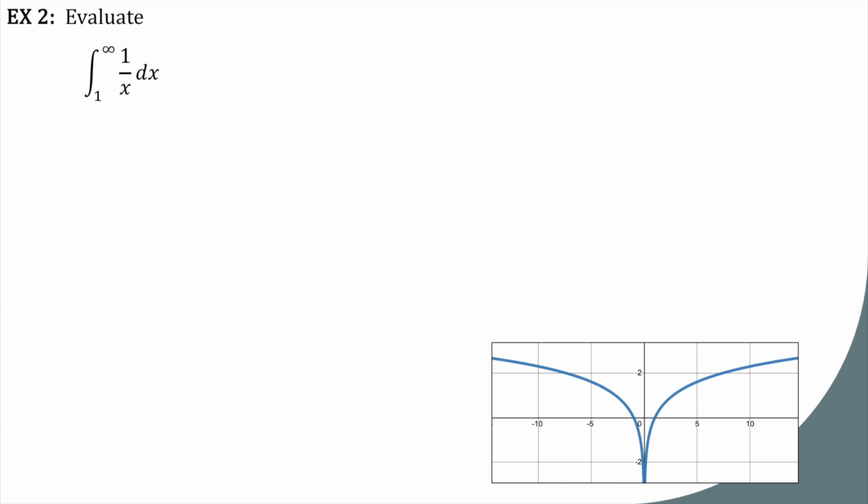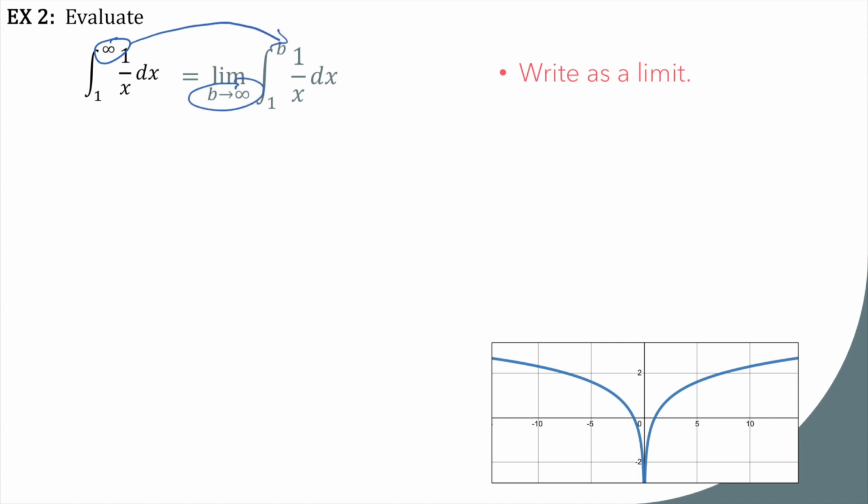So we'll start with this one. We're going from 1 to infinity of 1 over x. First of all, we're going to rewrite this as a limit because infinity is not a number. So we'll rewrite it, renaming infinity as b, and then take the limit as b approaches infinity from 1 to b of 1 over x dx.